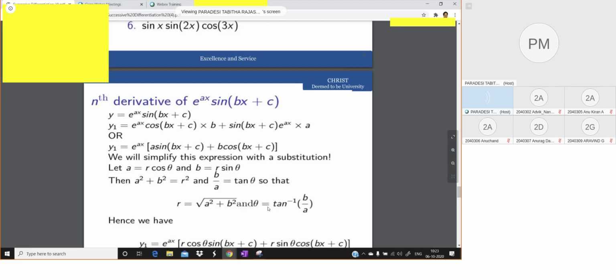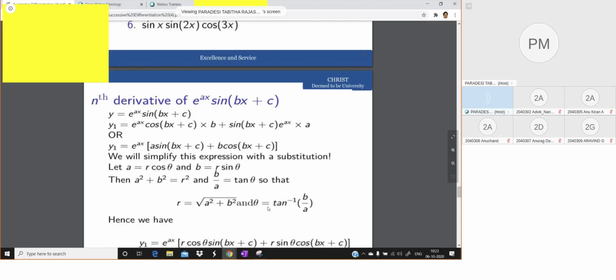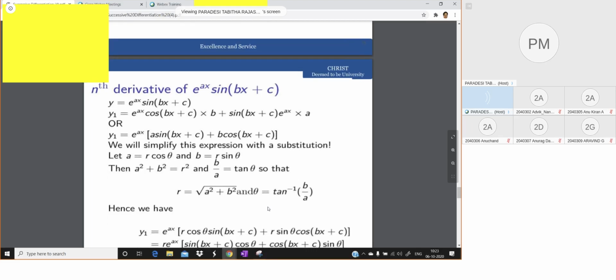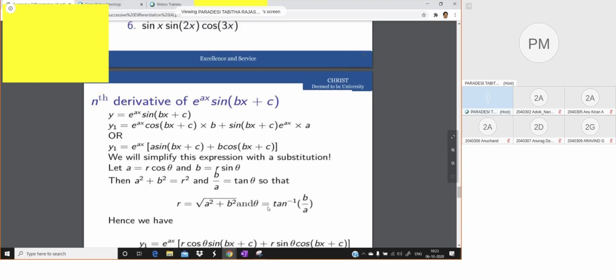Check again. How is an ax plus b coming? Vibhu, I'll unmute you.